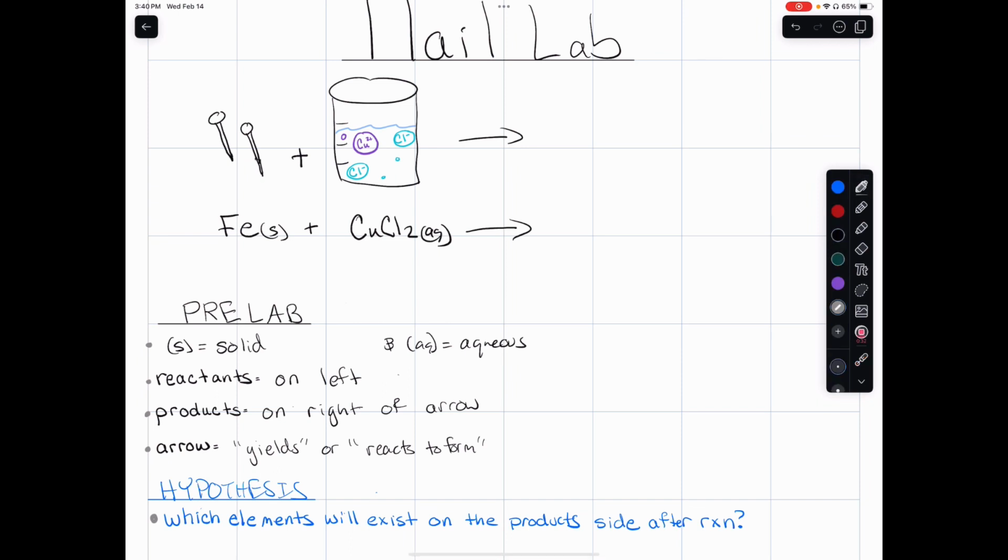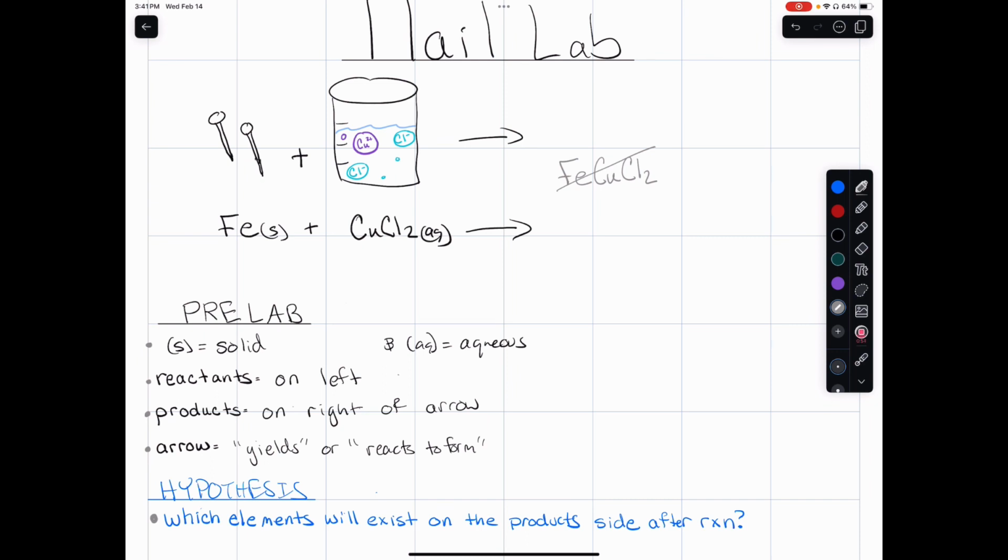Is it likely that we will have the iron and the copper and the chlorine together? Well, remember, we said two metals do not typically form a compound, so it's not likely that iron and copper will be attracted to each other.